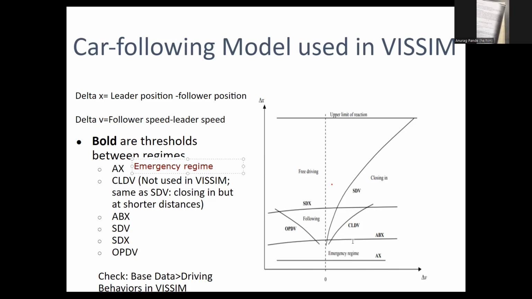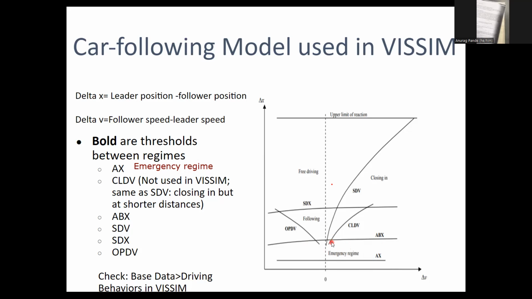So anytime in VSIM they see the distance between two cars is lower than that, the follower will be assigned the maximum possible deceleration rate that's assigned in the model. Okay, so that's this region, in between these two lines.